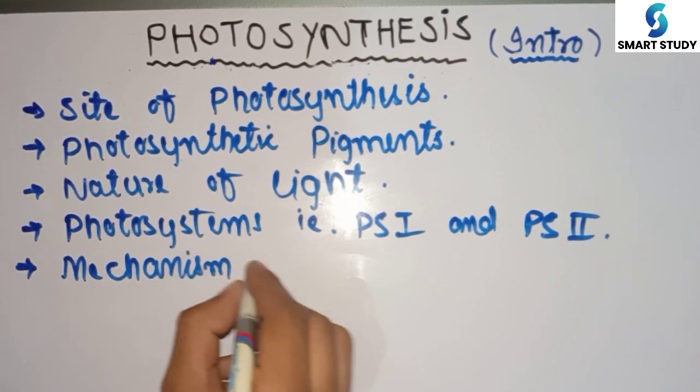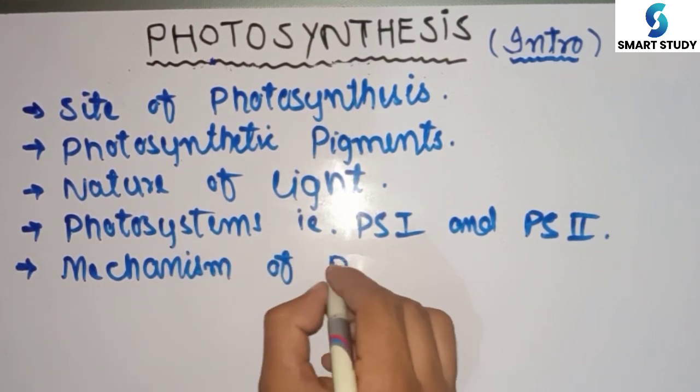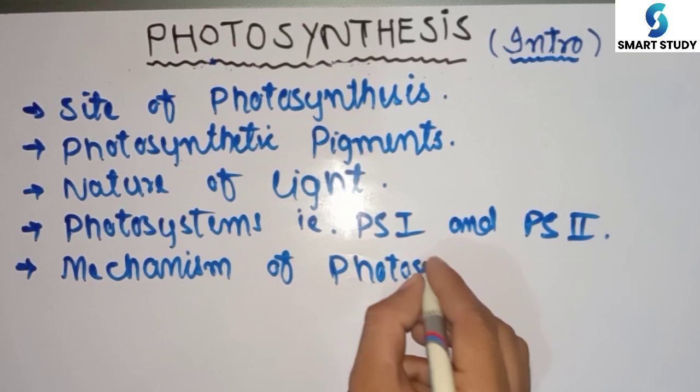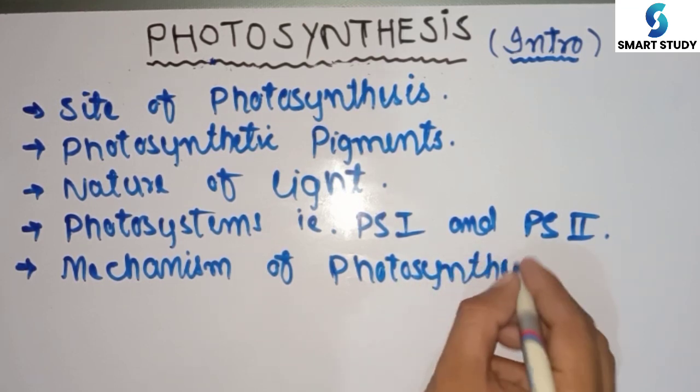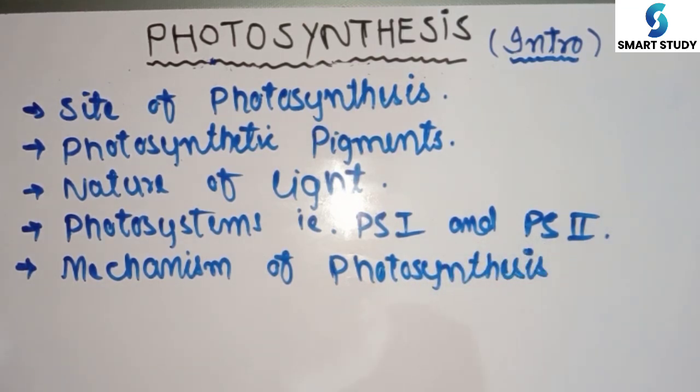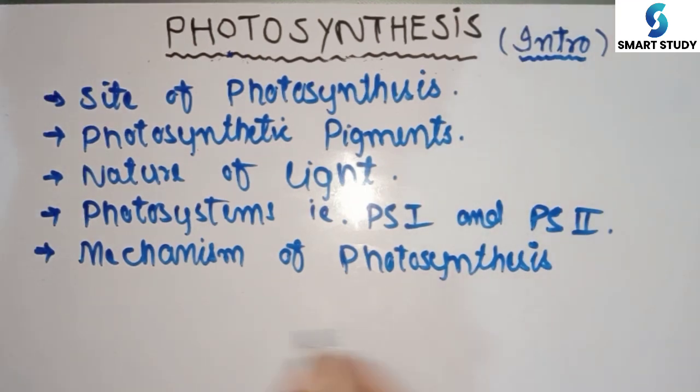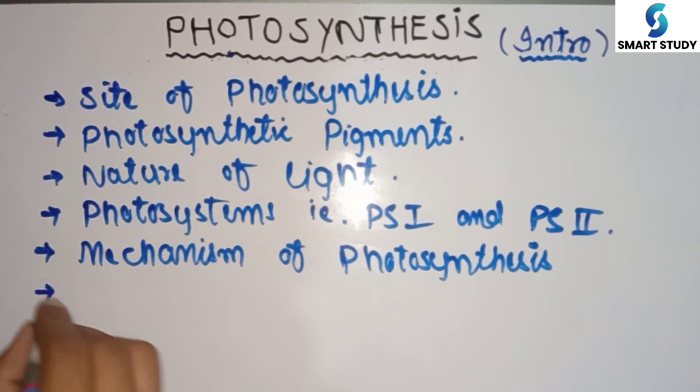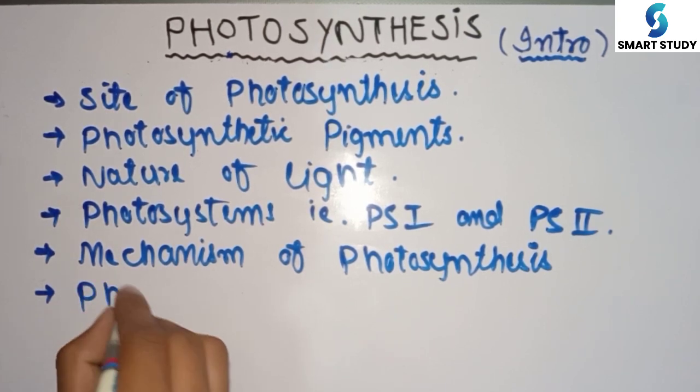After photosystem, we will talk about the mechanism of photosynthesis. The mechanism of photosynthesis involves light reaction and dark reactions. After mechanism of photosynthesis, we will be talking about photorespiration.